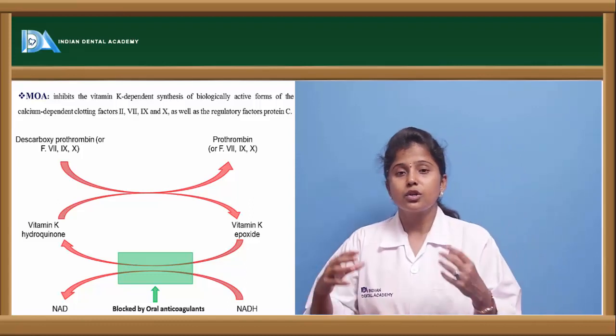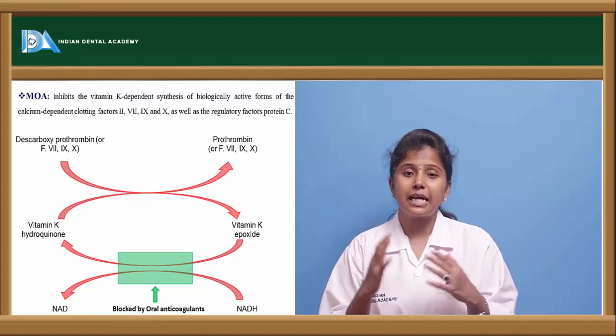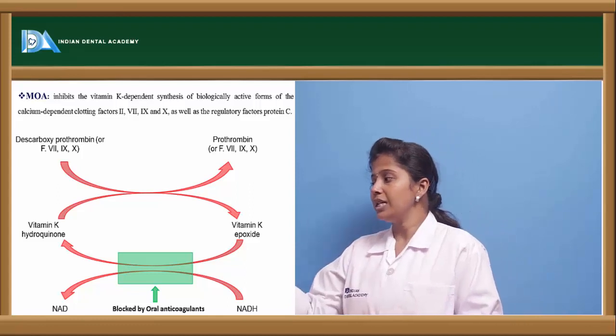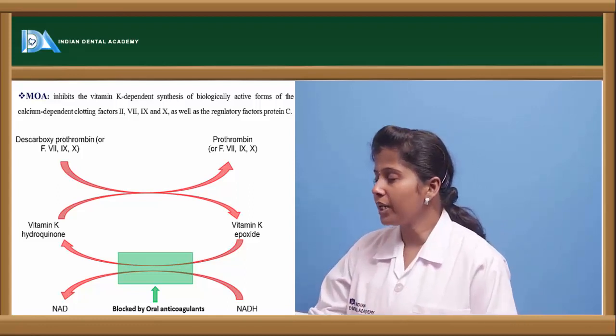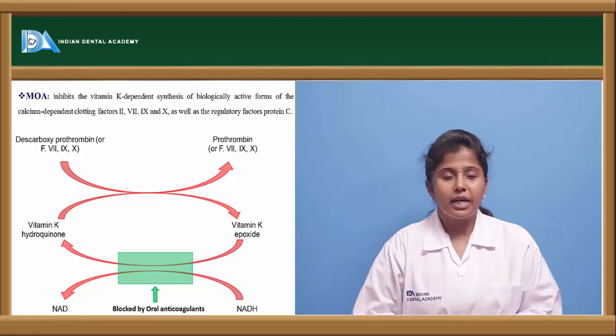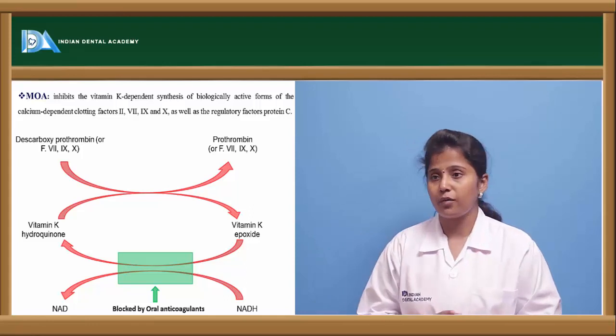If we see the mechanism of action of warfarin, it inhibits the calcium-dependent clotting formation. In order for the factors to get converted, calcium is also one of the important factors aiding in the clot formation. So these oral anticoagulants prevent the conversion of vitamin K epoxide to vitamin K hydroquinone. This is one of the major conversions in the clot formation.